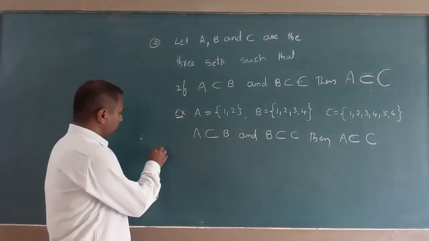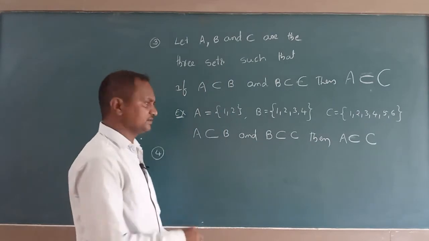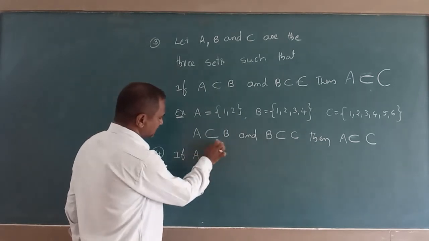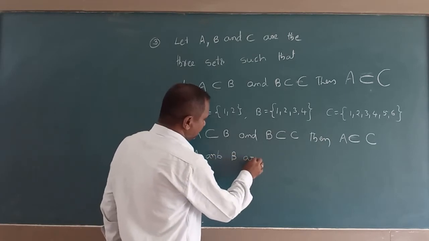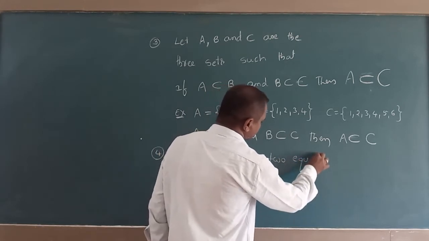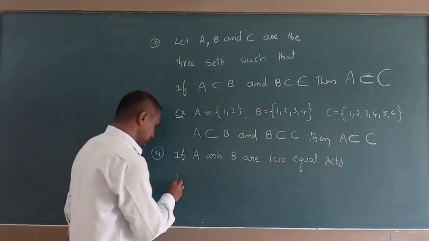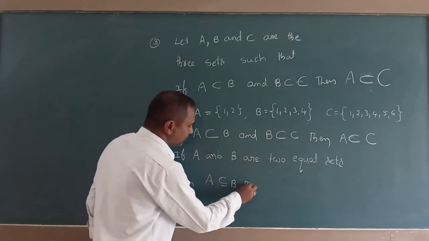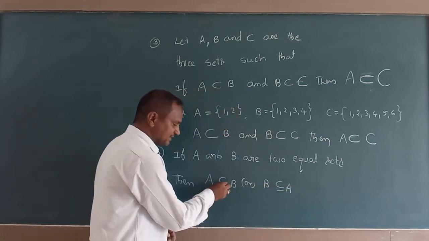Next, fourth. If A and B are two equal sets, then A is subset or equal to B, or we can write B is subset or equal to A. Equal means they are equal sets here.